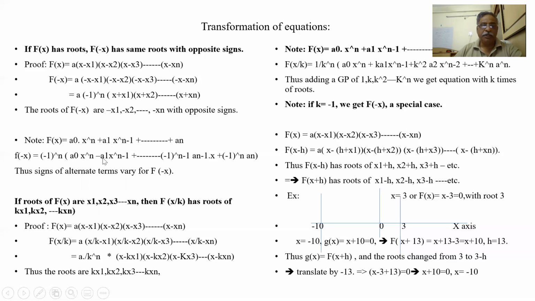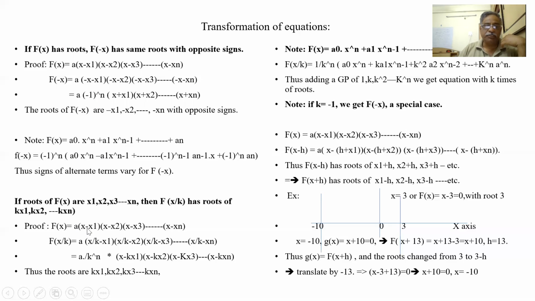Then I am getting alternately plus minus. First is plus, because minus 1 to the power of n I have taken out. So a0 into x to the power of n, minus is gone out. Then n minus 1, so 1 minus appears here. So alternately plus minus will come. That means f of minus x has come into picture. The signs of alternate terms vary for f of minus x.